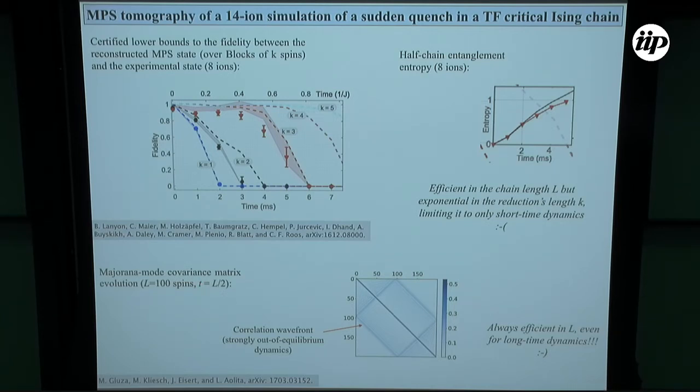It's simply something that tells you the evolution of the modes. And here you can see a simulation with 100 spins, and for a long time, where long-range correlations have already propagated through half the system, and this always belongs to the class of free fermions, so we can certify it with only quadratically many observables at most, which should be compared with this, which becomes exponential when time increases, right?